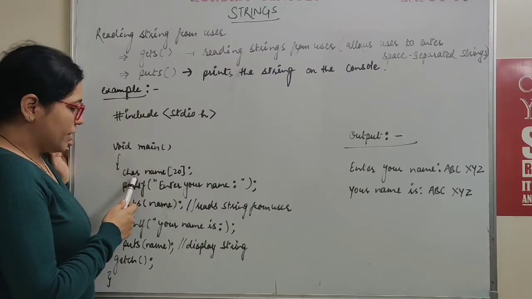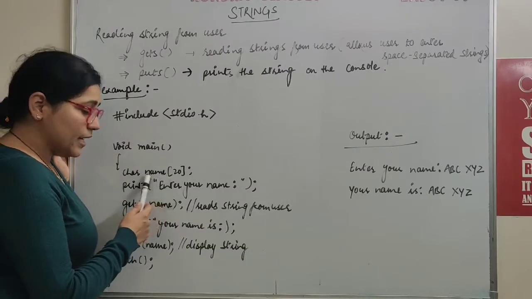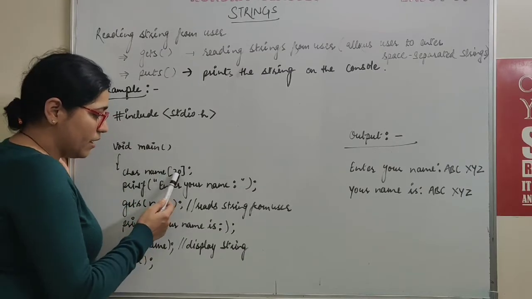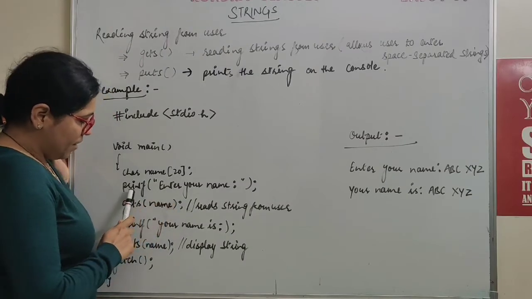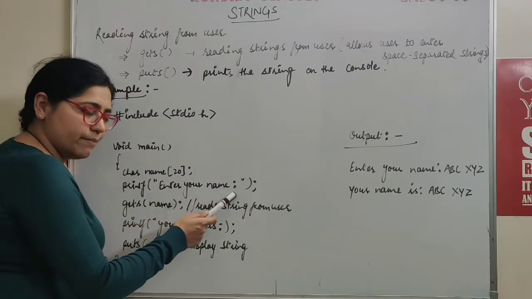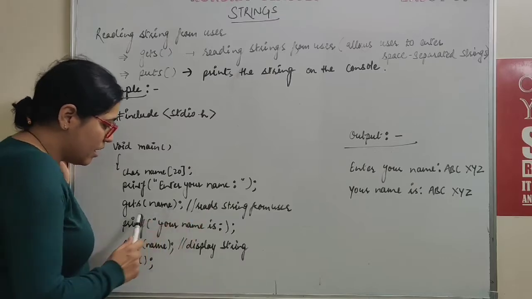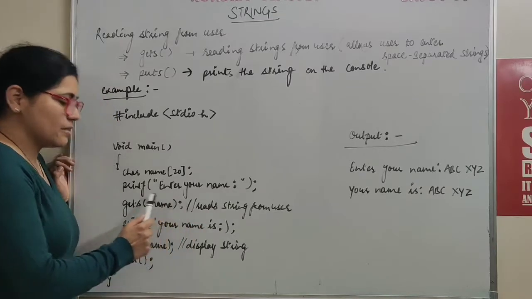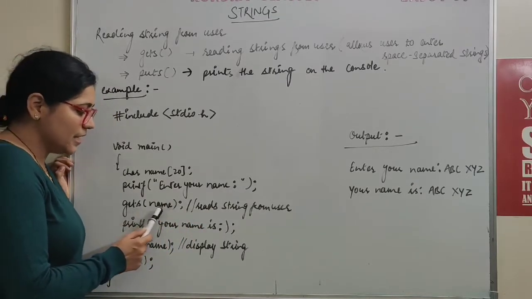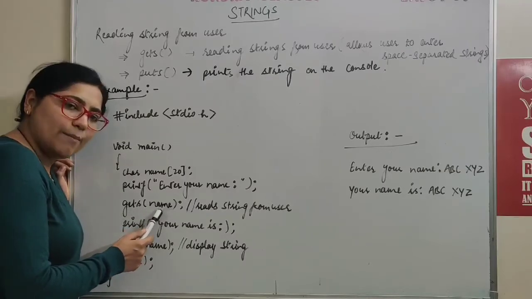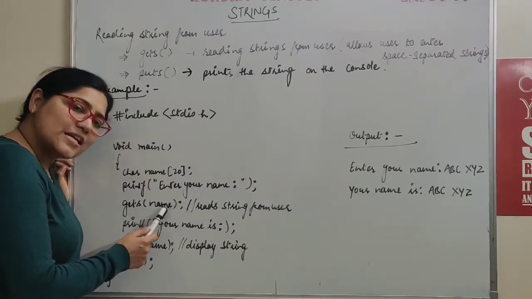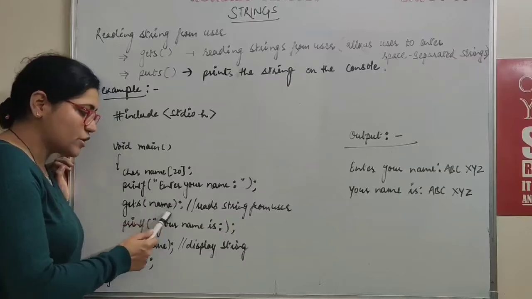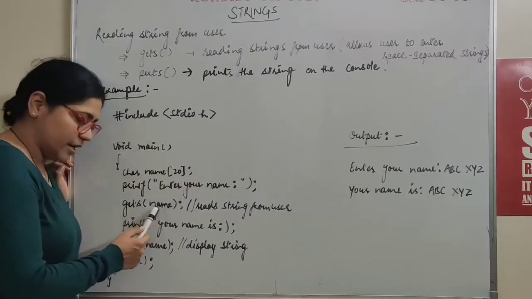See, I've taken one string, name. Size of string is 20. Printf statement, enter your name. We are taking input, but this time I'm using the gets function. gets name. The gets function accepts one parameter, the base address of the string, which can be given using the name of the string.